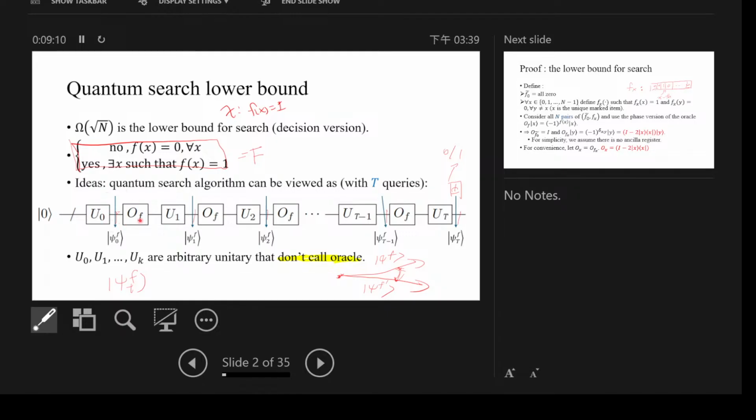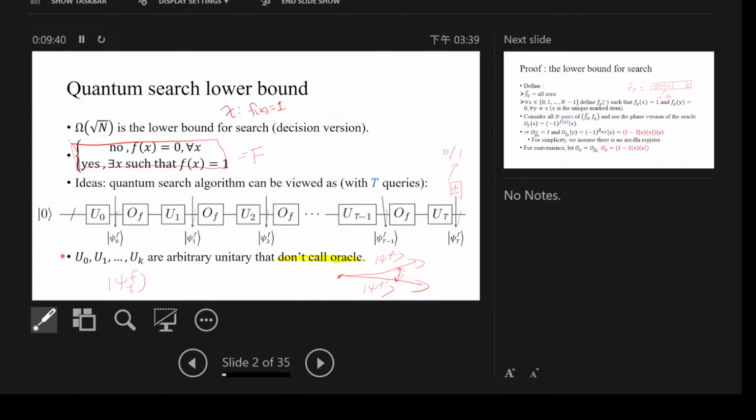It's probably more clear. So let's talk about notation. We want to track the quantum state, so we have some names for those quantum states. After the first unitary, the quantum state is called psi f0, and after the first oracle call and the second unitary, this is psi f1, etc. At the end, the state is psi ft.